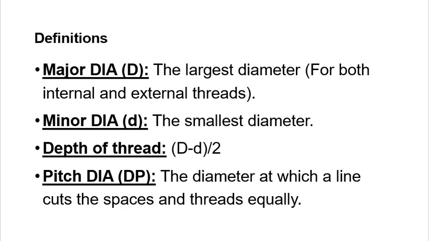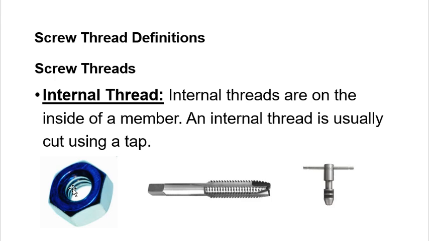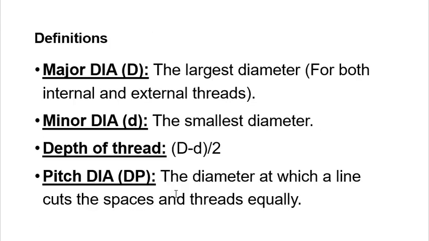So when you take a look at it, we're talking about these. You have space and thread, space, thread, space, thread. And of course, when you machine it, it cuts very equally. And we call that the pitch of the screw or pitch of any fasteners.